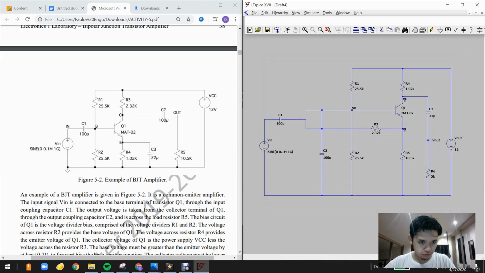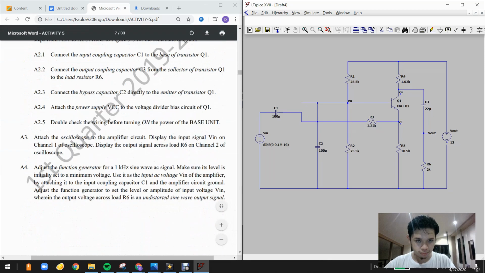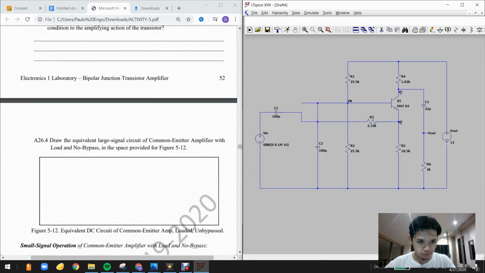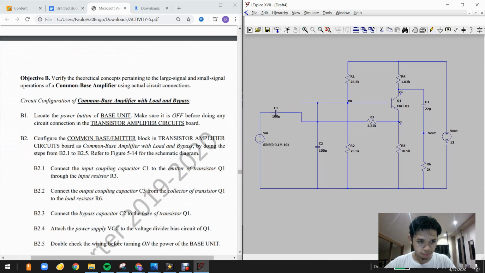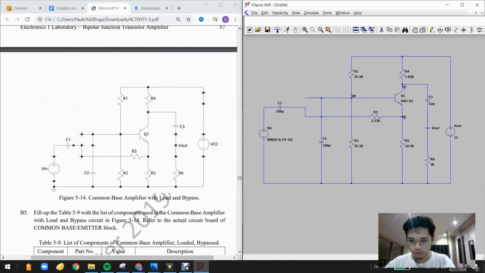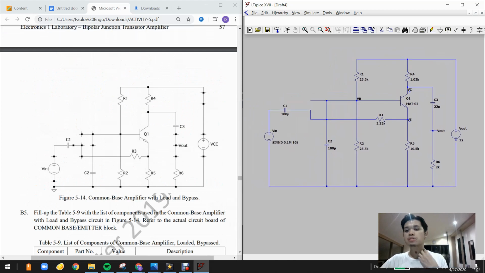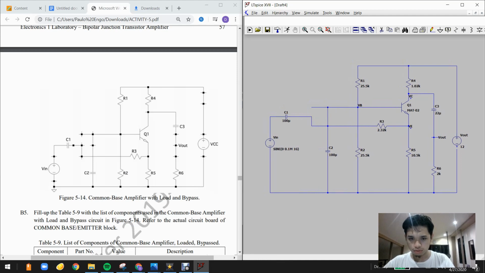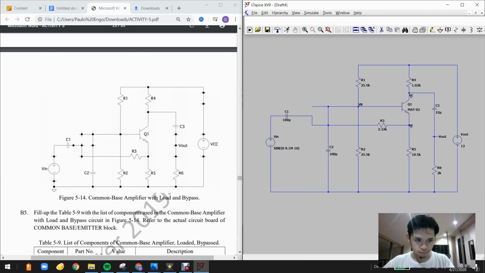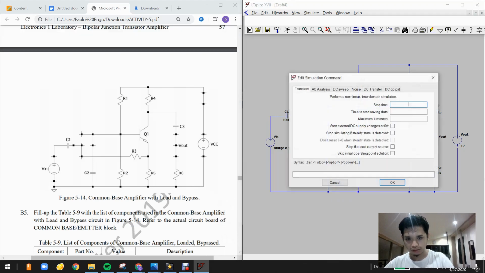So let's check. Here we go. It's the circuit here. Okay, now let's edit the simulation command to our usual settings.